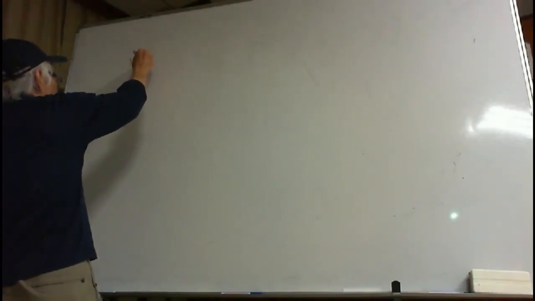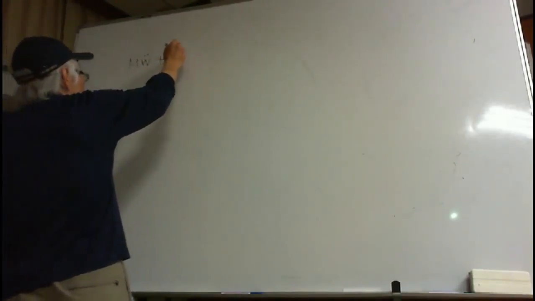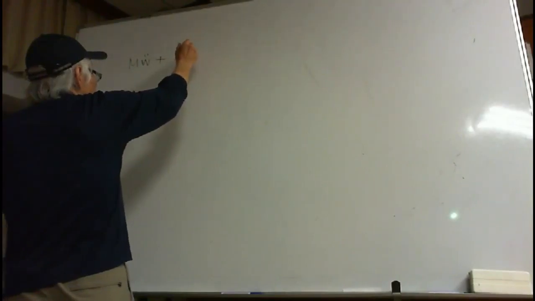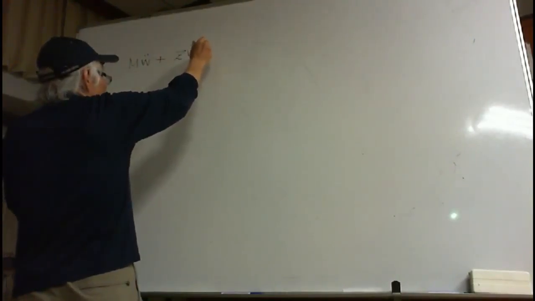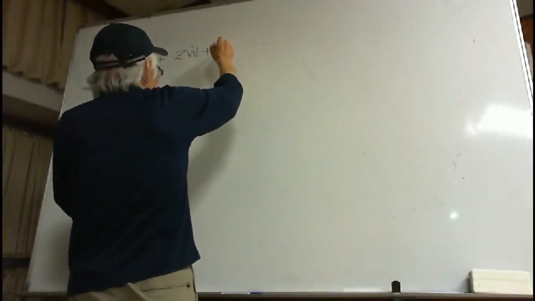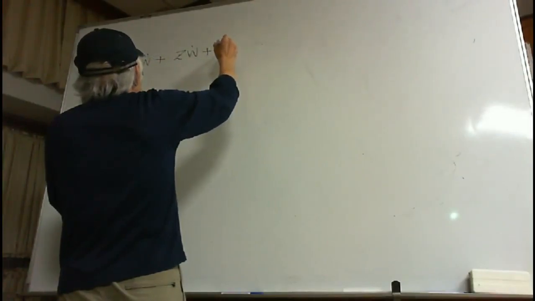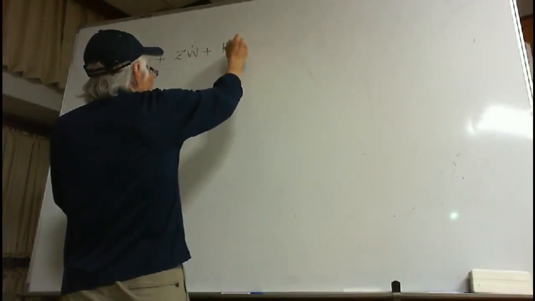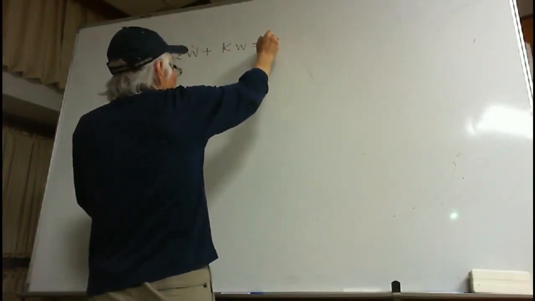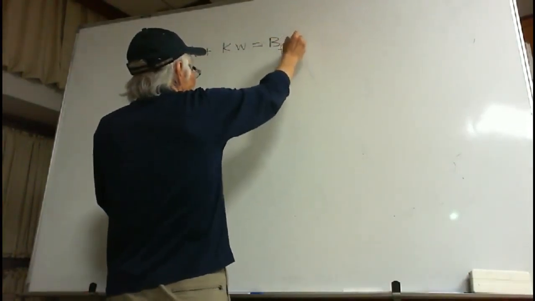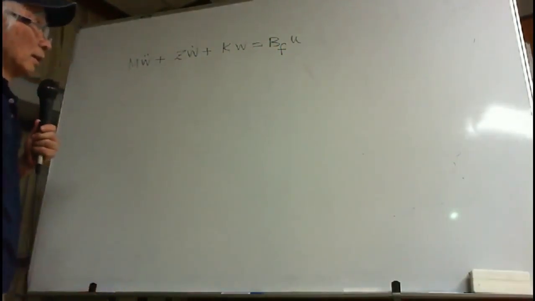M w double dot plus K w equal to B f u. All right.